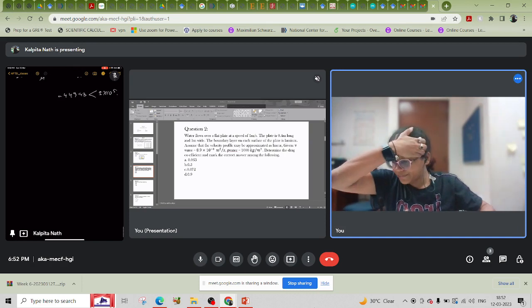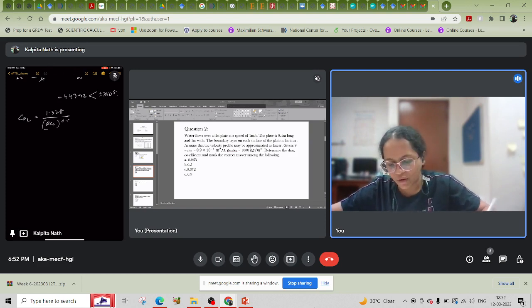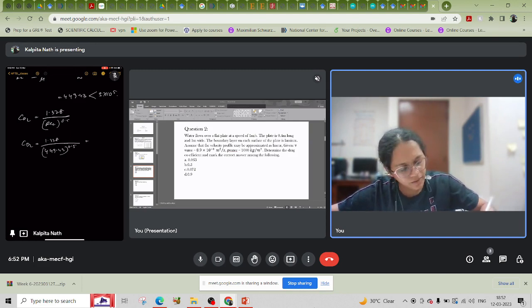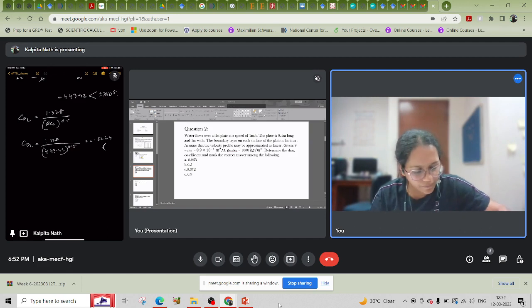Now, for laminar flow over a flat plate, C_DL is equal to 1.328 by Reynolds number to the power 0.5. This we already know for laminar flow. So C_DL is equal to 1.328 by 449.43 to the power 0.5, which is 0.6264. First we have to find the drag coefficient for laminar flow.